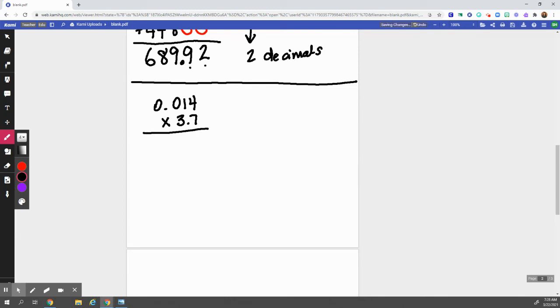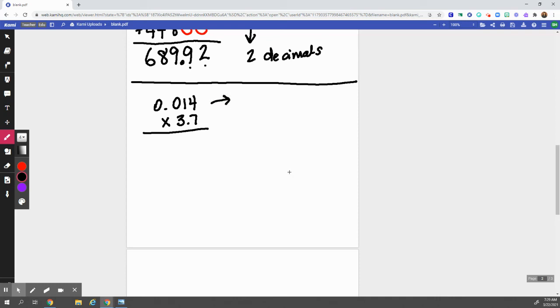Okay, now we're multiplying 3 and 7/10 by something that's significantly less than 1. So it makes sense that our answer should be less than that 3 and 7/10. So if you're just estimating to get an idea of what your answer should be, it's going to be less than 3.7 because we're multiplying by less than 1.